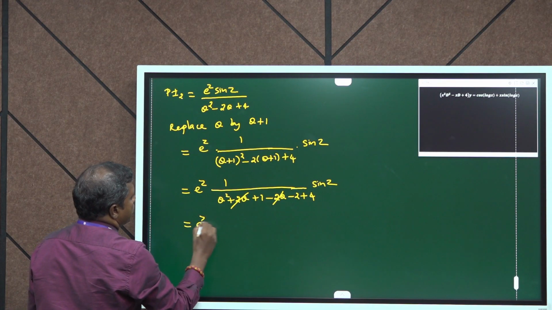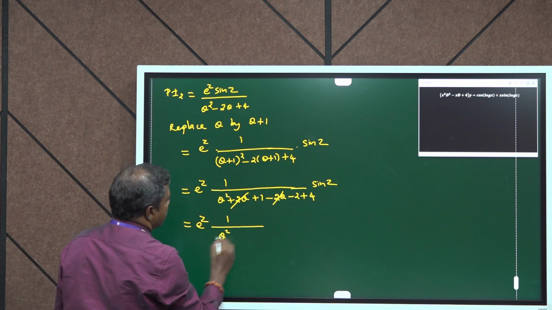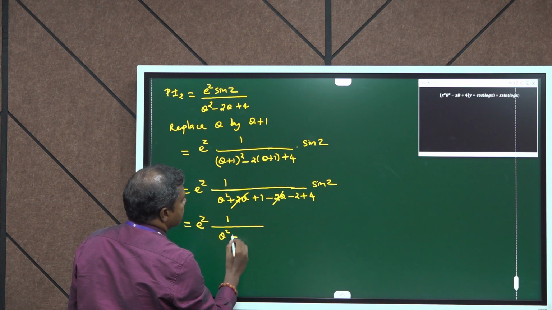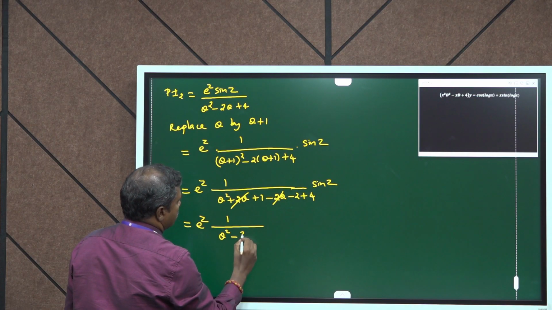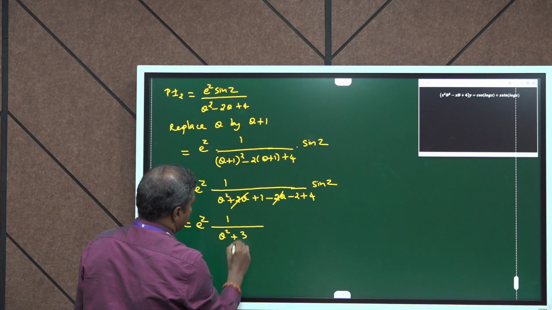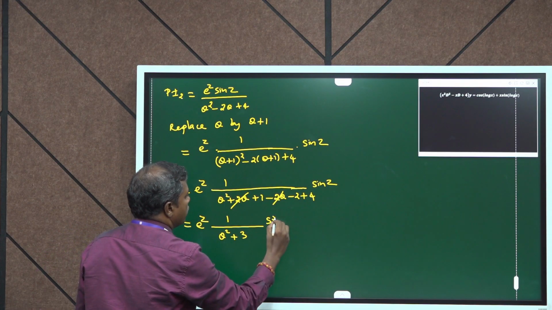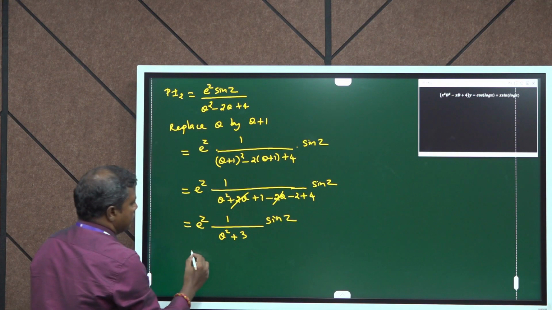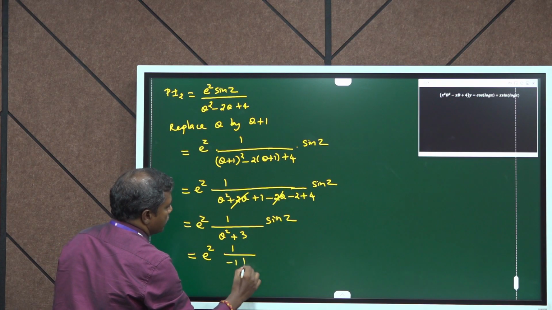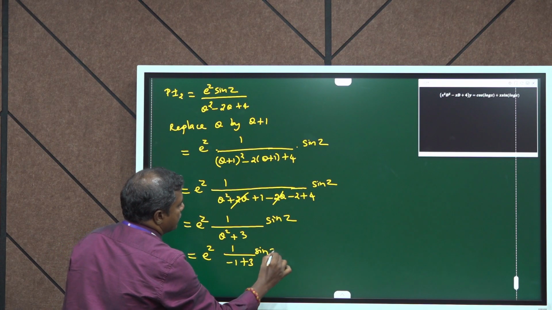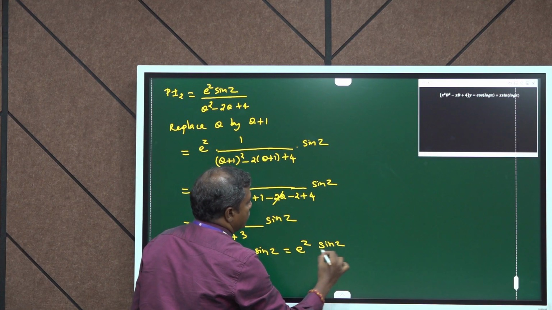So e power z by theta square plus 3, sorry, into sin z. So we have to replace theta square by minus 1. So e power z into 1 by minus 1 plus 3 into sin z. So e power z sin z by 2.